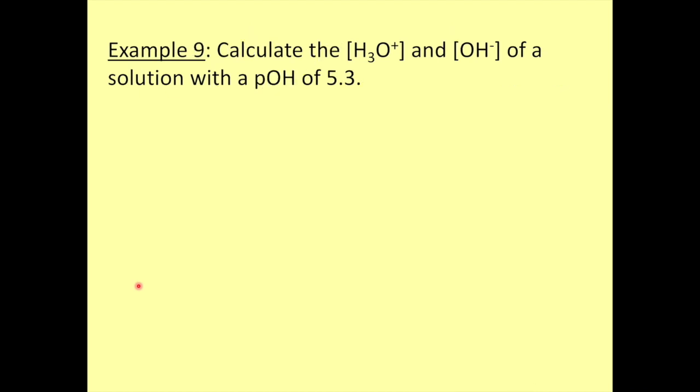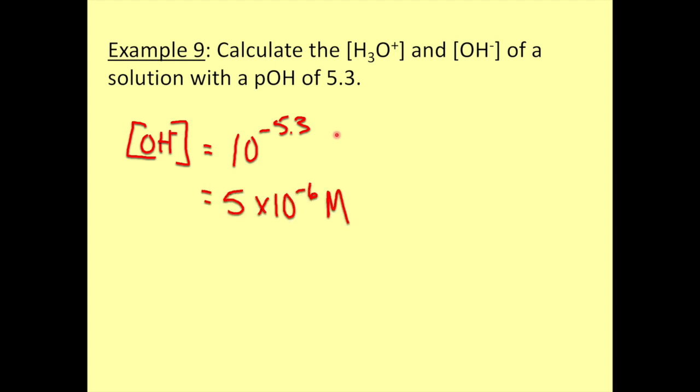Now, exact same kind of problem. I wanted you to calculate the hydronium and the hydroxide of a solution with a pOH of 5.3. So I know the pOH, so my hydroxide concentration is 10 to the minus 5.3. So I find it's 5 times 10 to the minus 6.